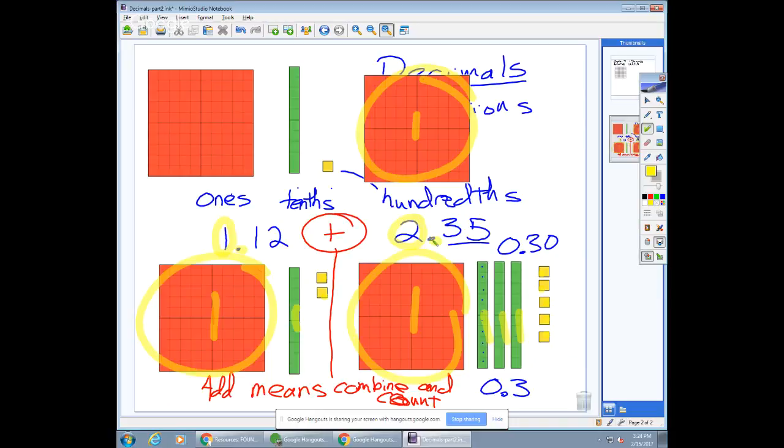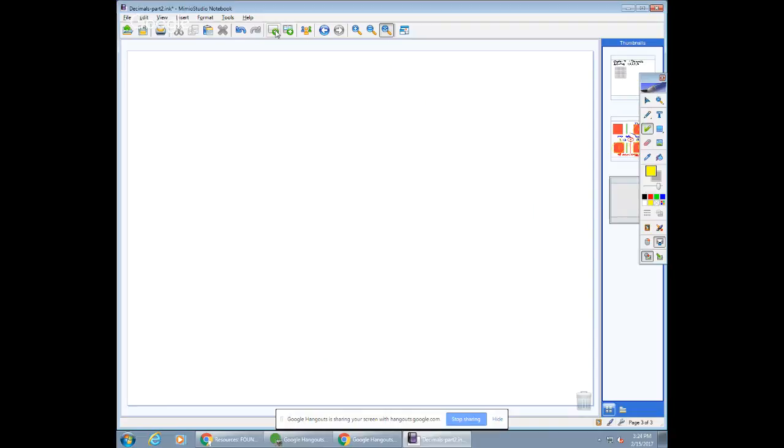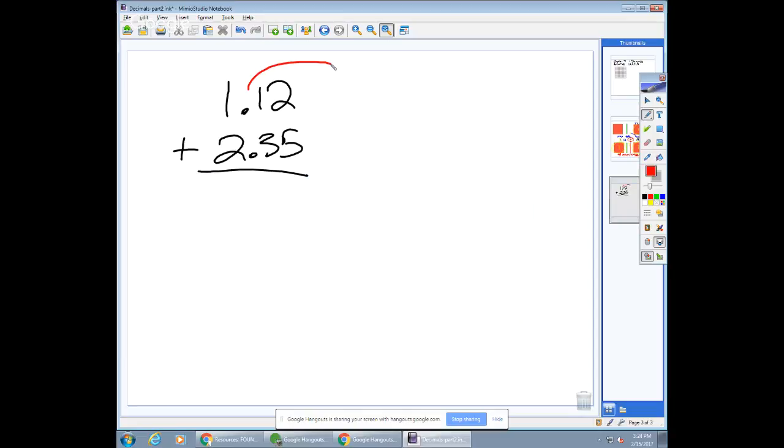So in terms of adding decimals, what matters is the decimal point. 1 and 12 hundredths added to 2 and 35 hundredths. The important part here is to line up the decimal.